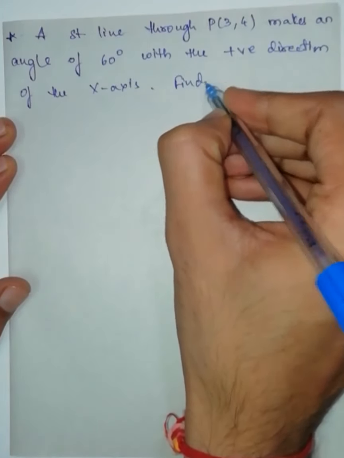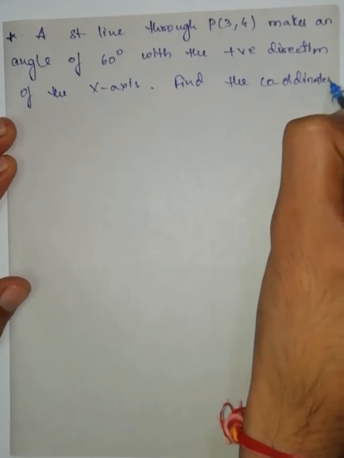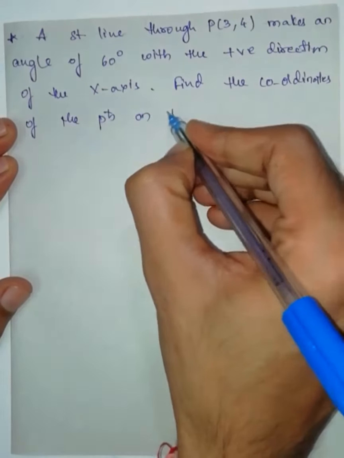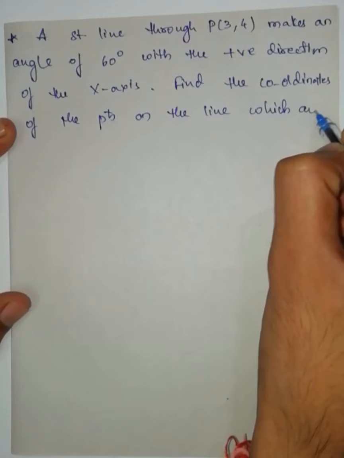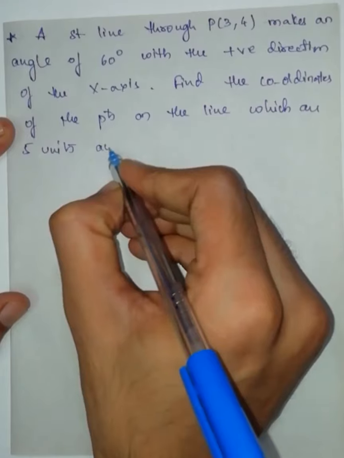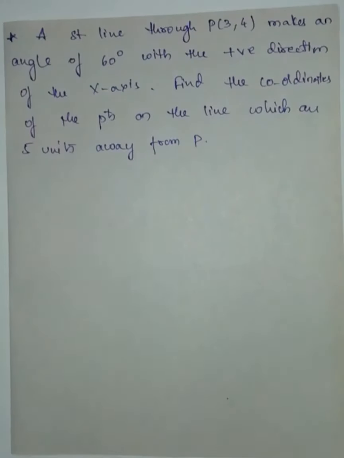Find the coordinates of the points on the line which are 5 units away from the point P. We have to find the points on the line which are at a distance of 5 units from the point P. What is that line?